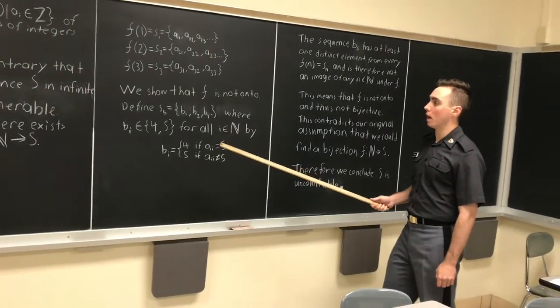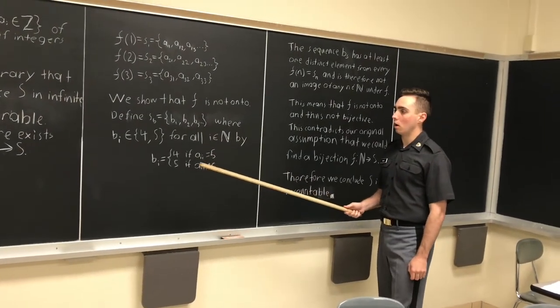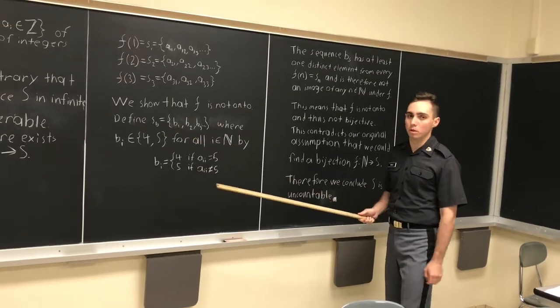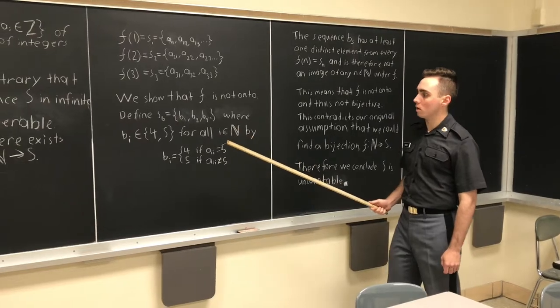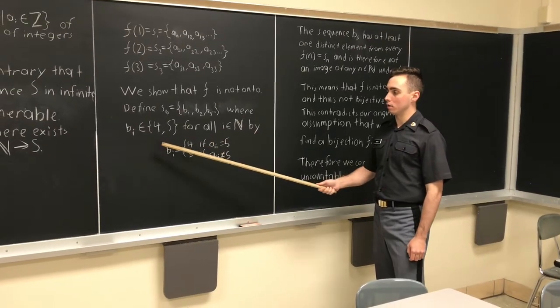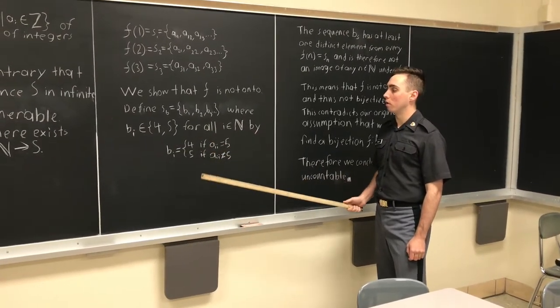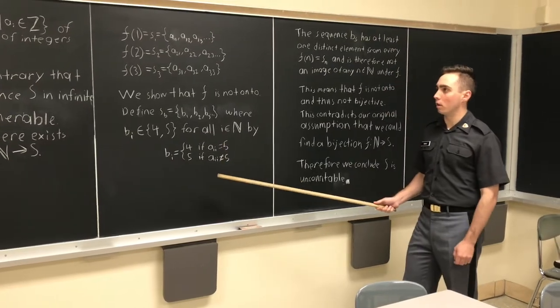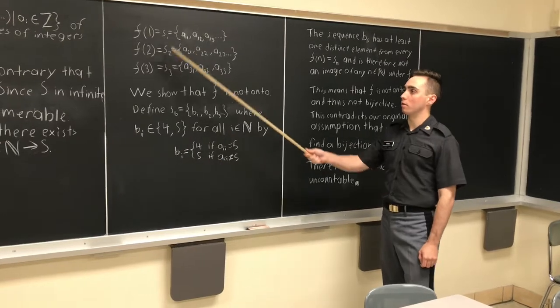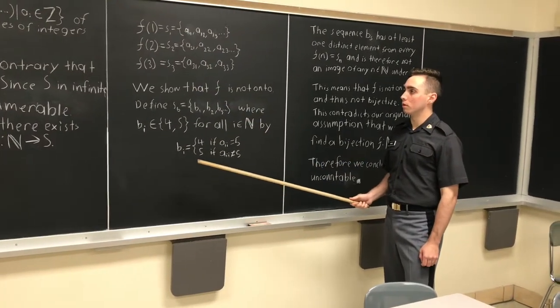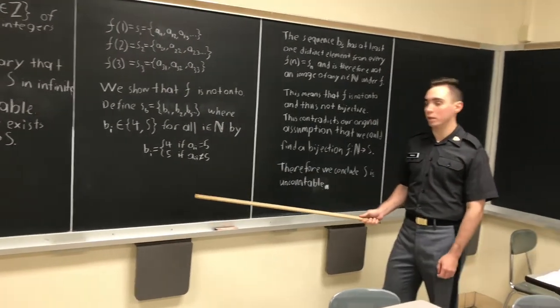So we're going to show that f is not onto by defining a new sequence, s sub b, which is going to contain elements b1, b2, b3, and so on. And each b is going to be either a 4 or a 5. And this is going to allow us to generate a new sequence that's not covered under any of these sequences that are images from our bijection.